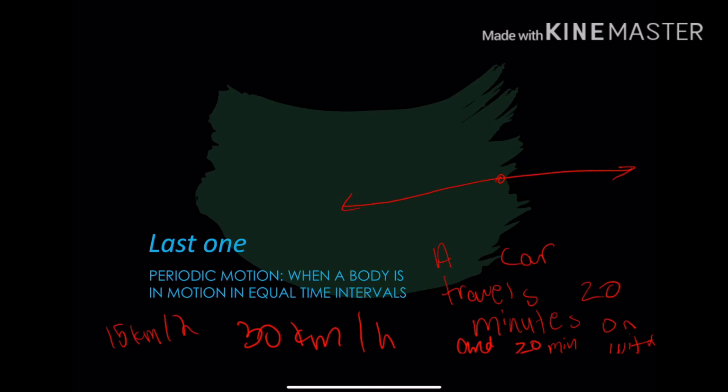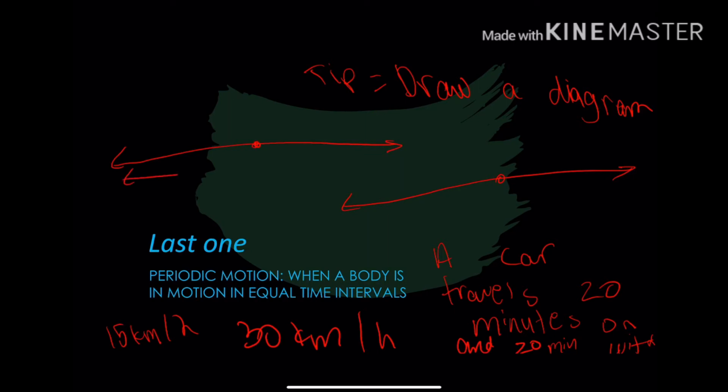If this comes in your test, guys, the greatest tip is to draw a diagram. It makes the problem really easy to visualize, and it becomes super easy to solve. I'll draw the car path. Let me just divide this. In this part, it travels 20 minutes with 30 km per hour.